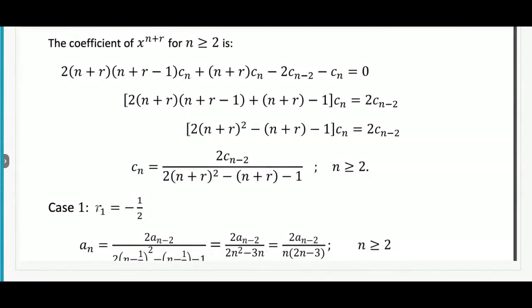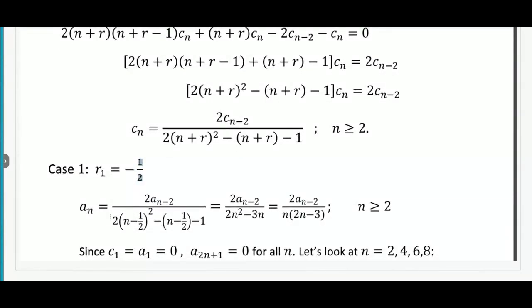So case 1, when r1 equals negative half, because we have two solutions, negative half and 1. Let's substitute in: n plus negative half, n minus negative half. Do the calculation. So in the end you get this, right? Because this is just this Cn.